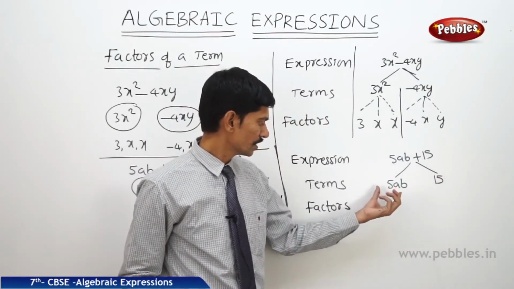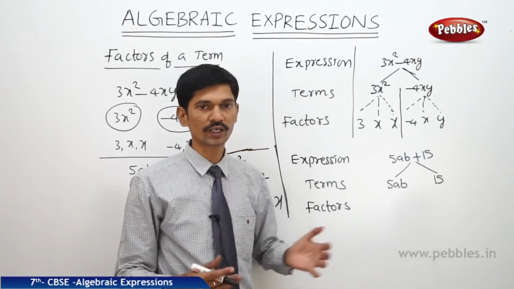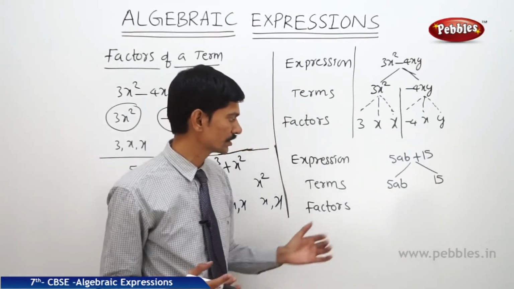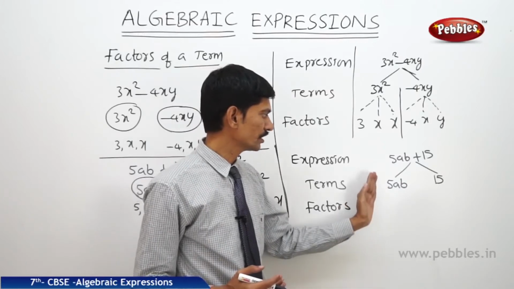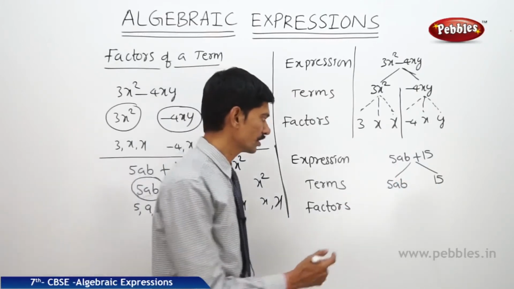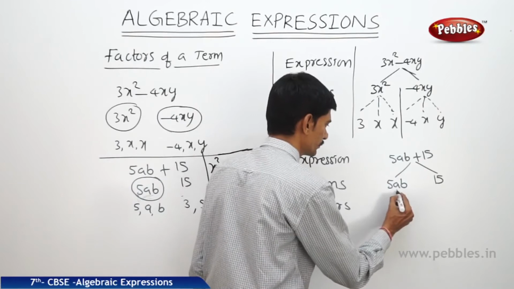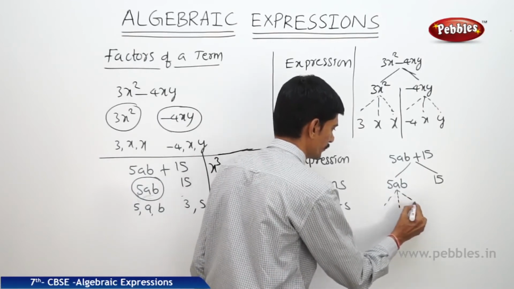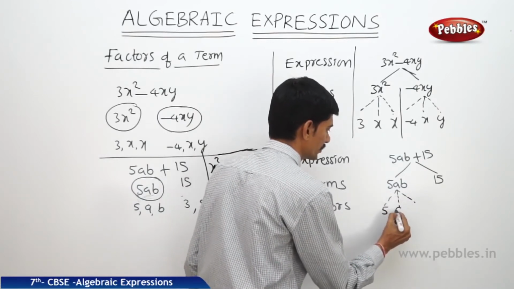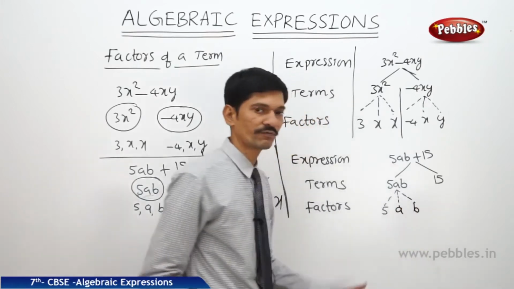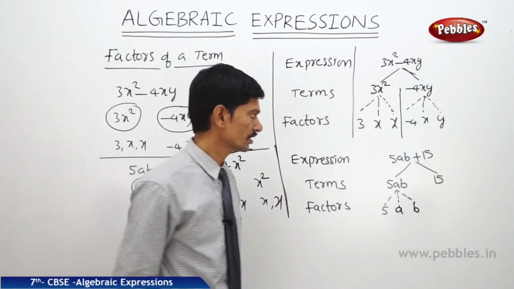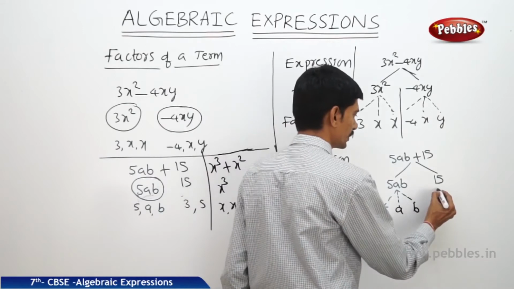Now if you write the first term as a product of the factors, then we will get the factors 5a and b. So these are the factors of the first term. Then what are the factors of the second term 15?